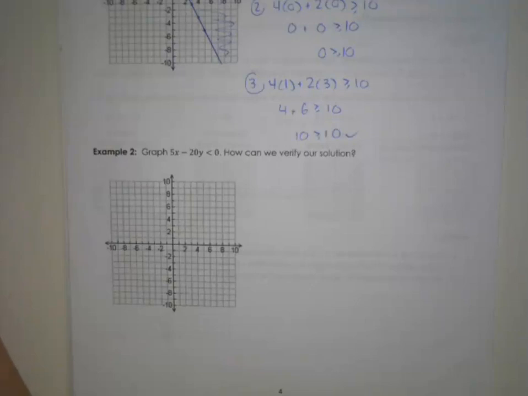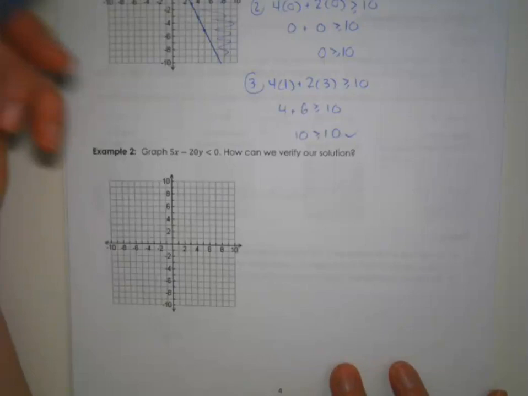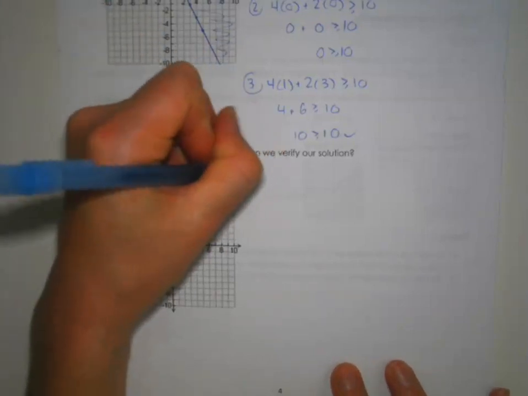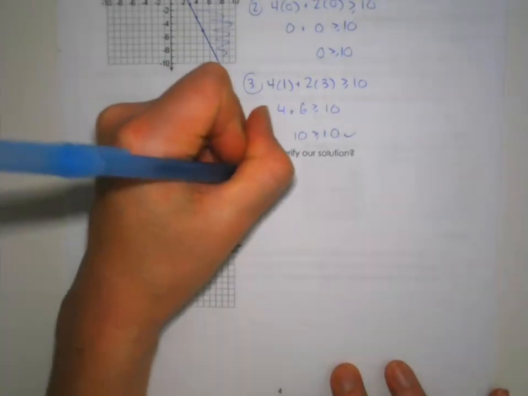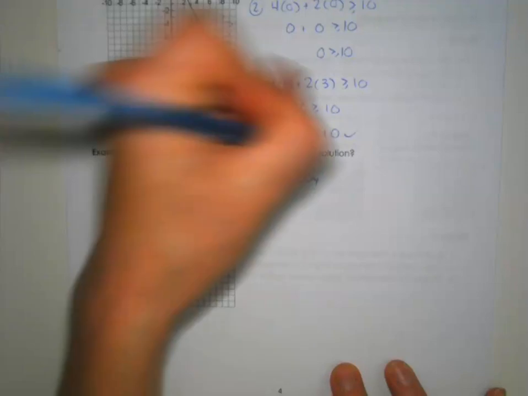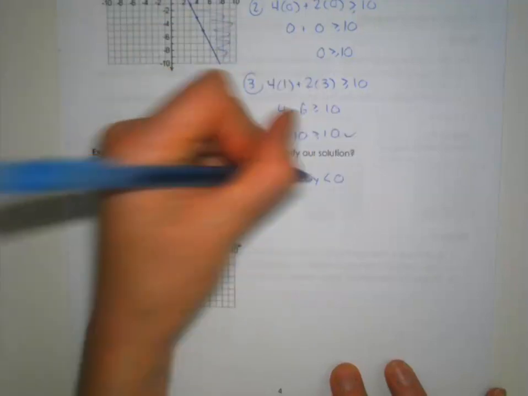So we're actually going to follow the same method as in the previous one. Again, we want to isolate y in our first step. So 5x minus 20y is less than 0, and we want to get that y on its own.